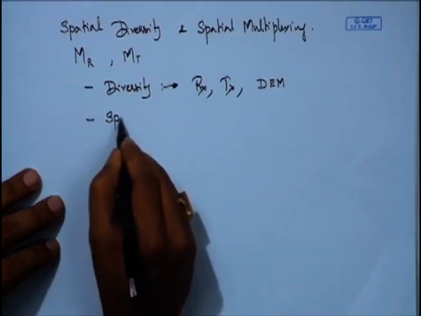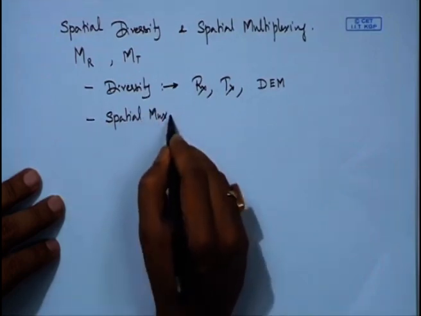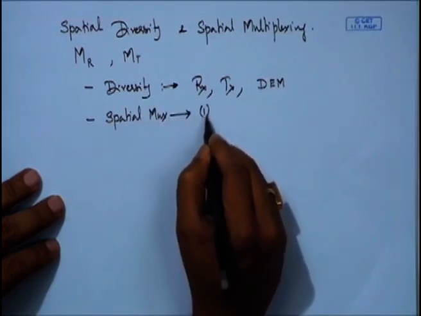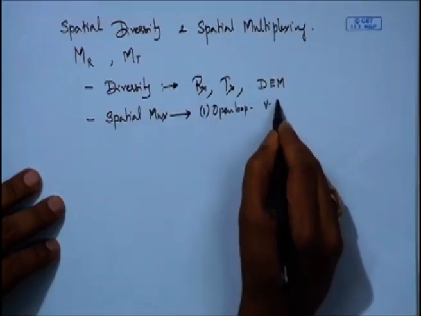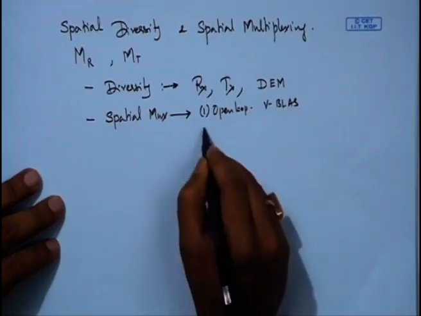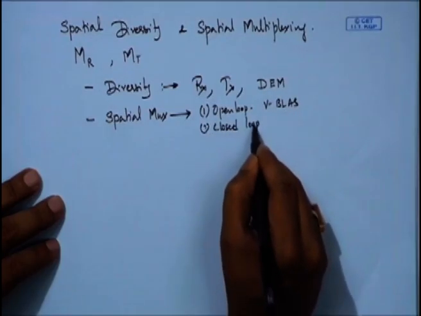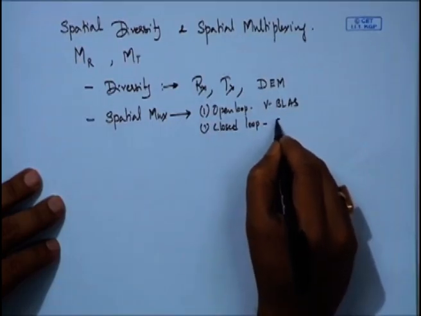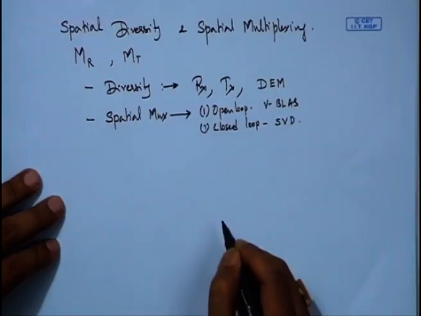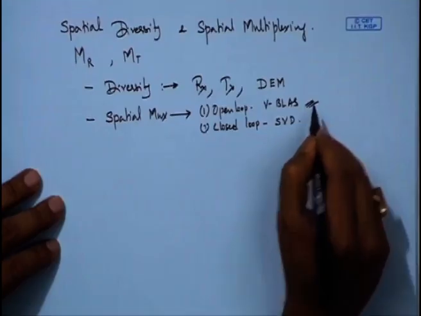You could do spatial multiplexing, which could be done in two options. One is open loop. One example we gave was VBLAST, and the other was closed loop. In the closed loop system, we had seen the SVD. In VBLAST it is an extreme form where signals are directly sent from the transmitter to receiver.